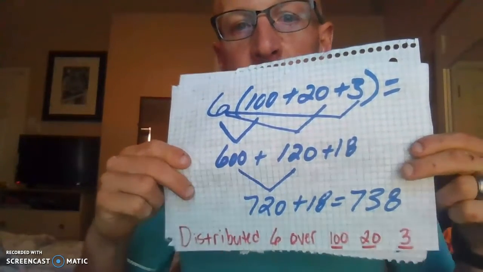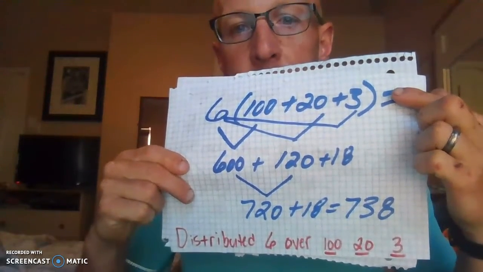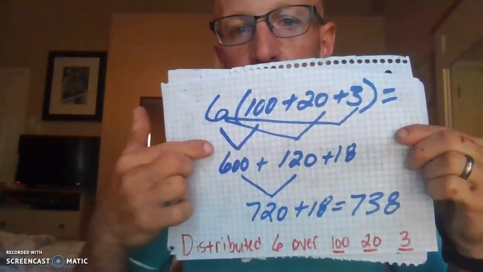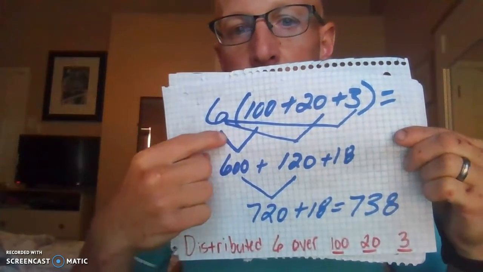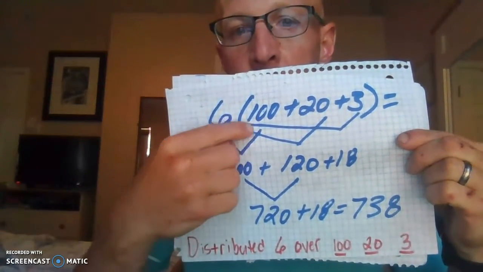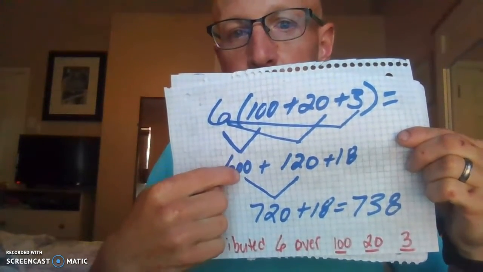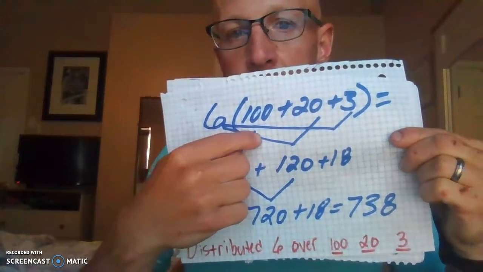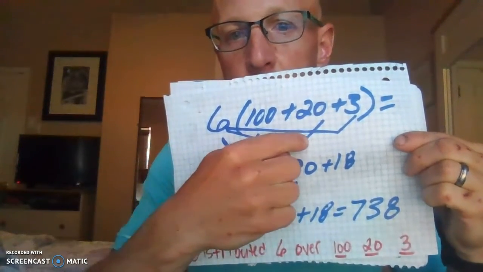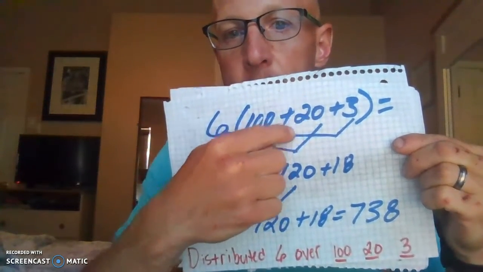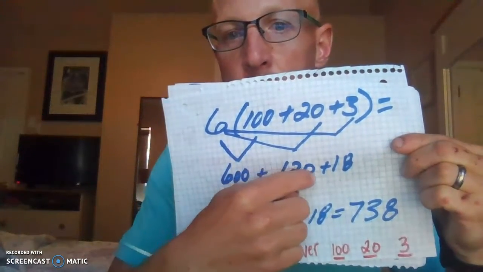But I chose to use 6 times 100, which gave us 600. So I distributed the 6 over the 100. So I have 600. And then I distributed the 6 over the 20, which gave me 120.